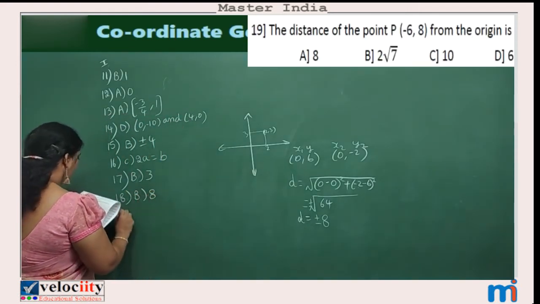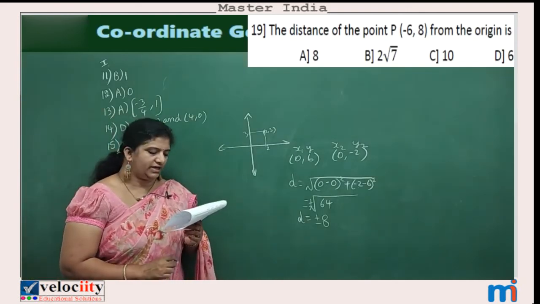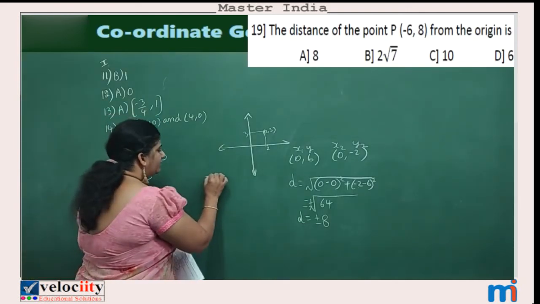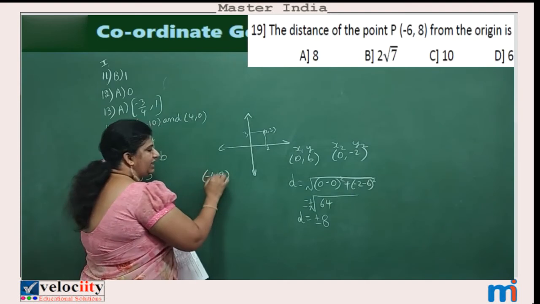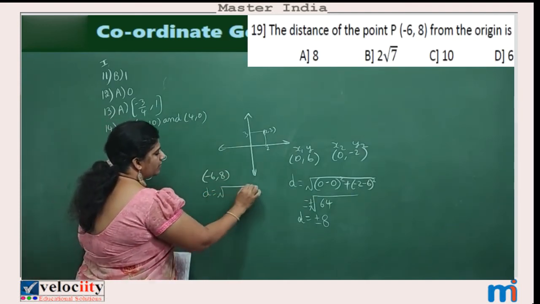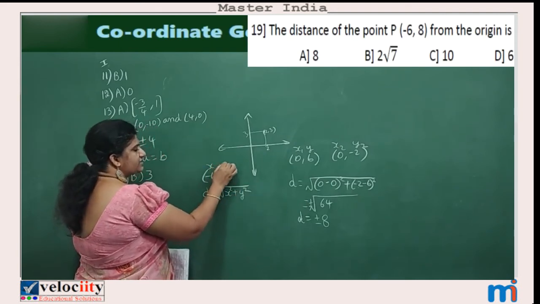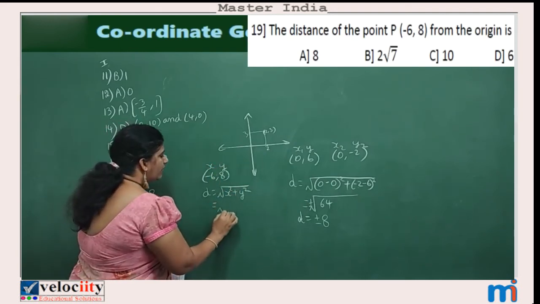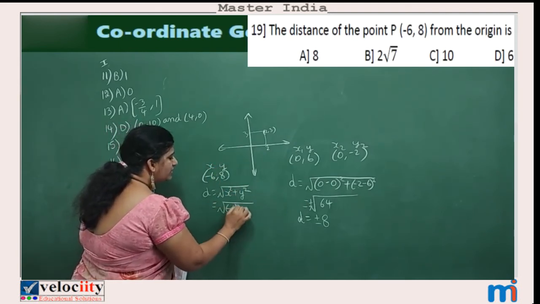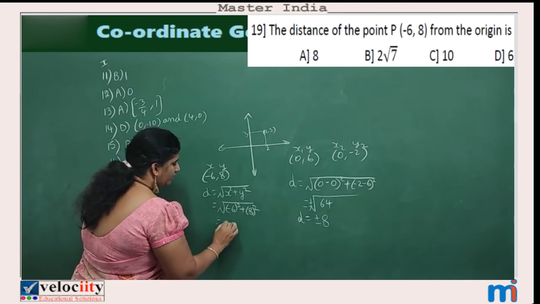19th one. The distance of the point P minus 6, 8 from the origin. Origin formula: D is equal to square root of x square plus y square. x, y. Square root of minus 6 whole square plus y value 8, 8 square.